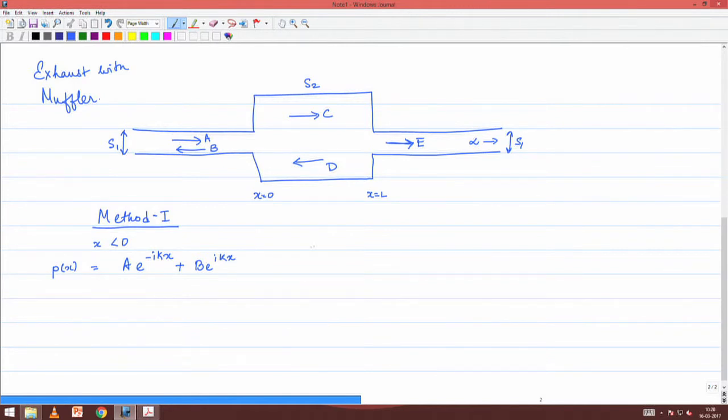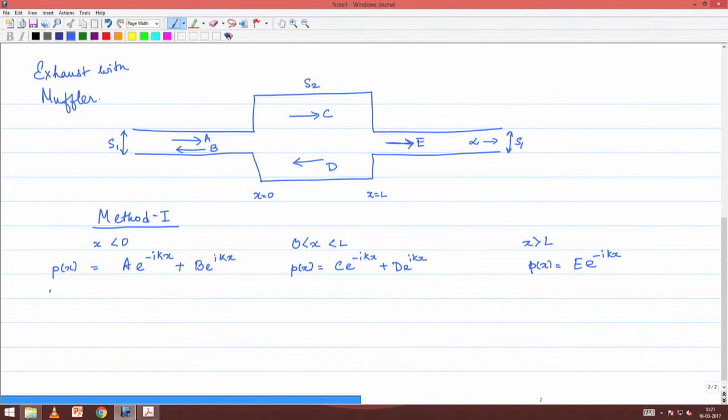In the region x between 0 to L, the pressure is going to be a superposition of the C wave and the D wave, right. And finally, in the region x greater than L, the pressure is going to be given by only the travelling E wave, nothing else, right.